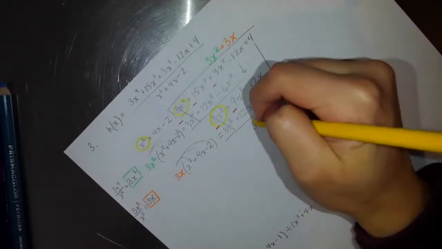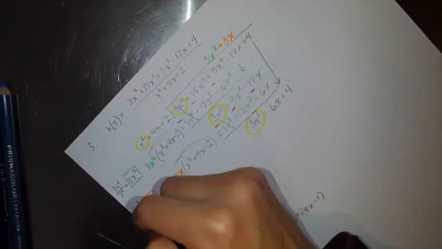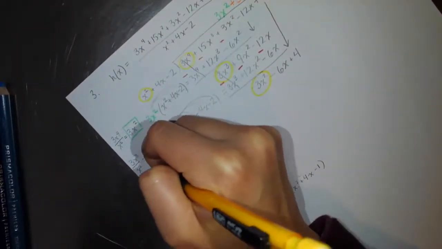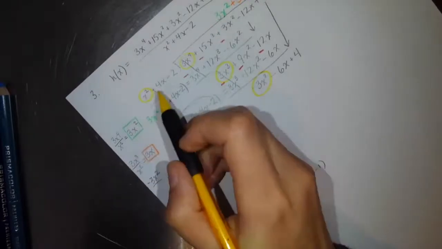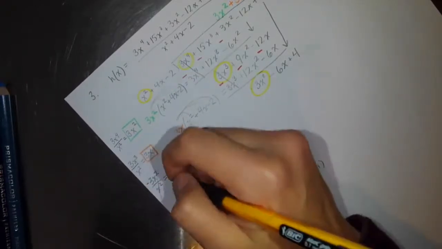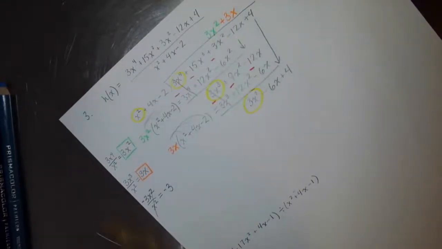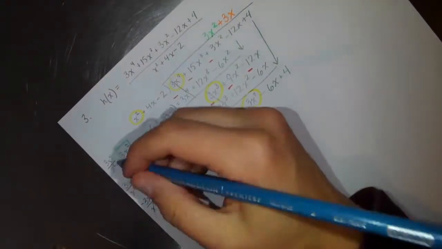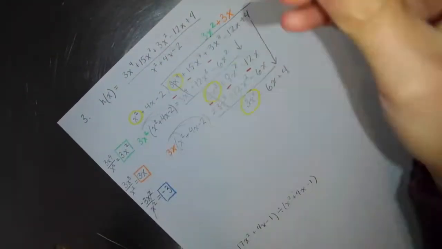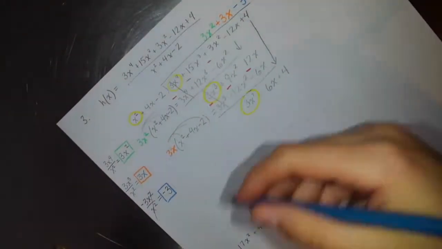So now I have negative 3x squared. I'm going to write it over here, negative 3x squared, and divide it by x squared. Here the x squareds will cancel, and I just have negative 3. So that will go up top, minus 3. And then we have to multiply.